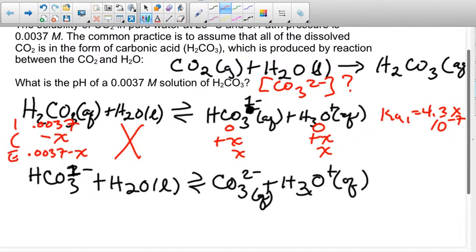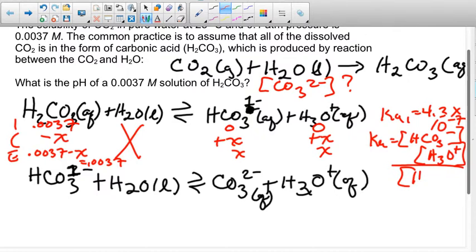So what does that tell you about this x compared to 0.0037? Pretty small, so we can say that this is really going to be 0.0037. The expression for Ka is the concentration of the hydrogen carbonate ion times the concentration of the hydronium over the concentration of carbonic acid.